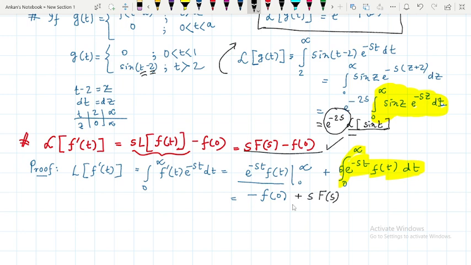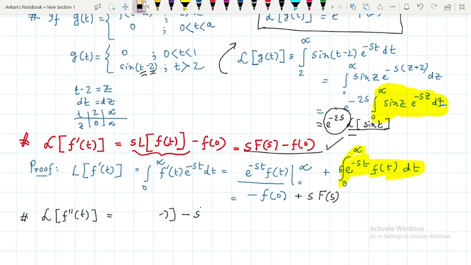Similarly, you can also find the Laplace transform of the second order derivative f double prime t.